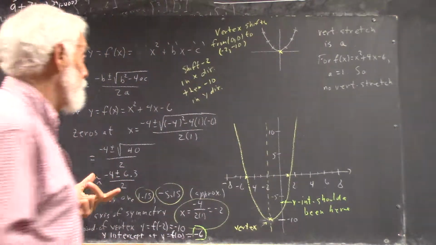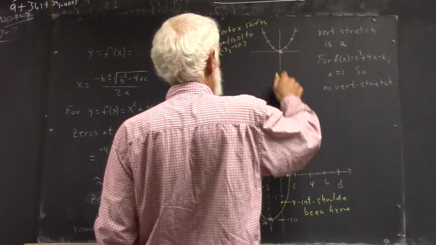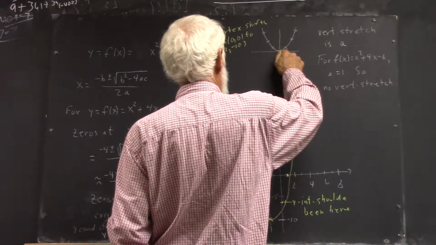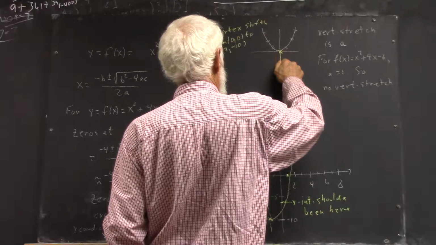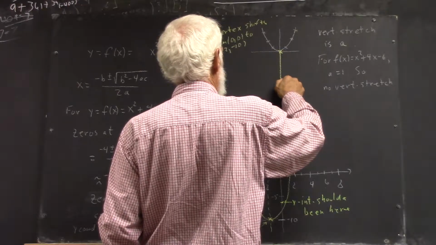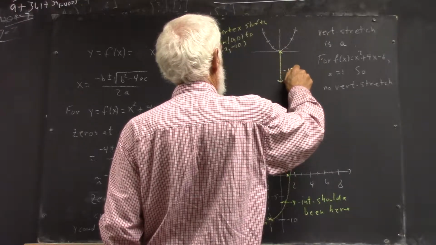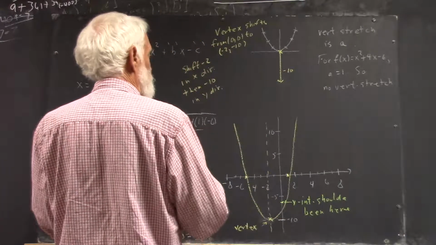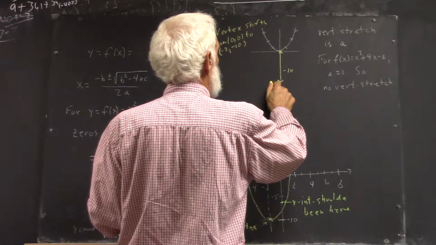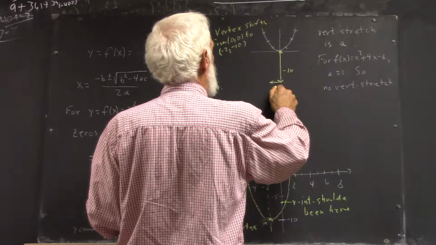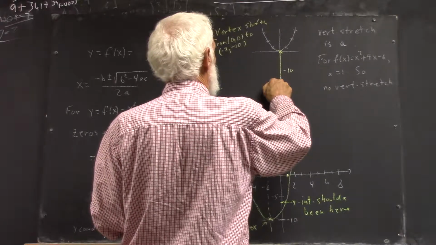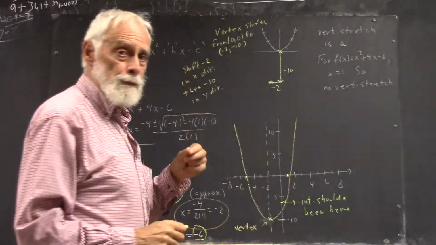How do you do that? Well, you figure out where -10 is. Shift -10. You figure out where -2 is. And you shift -2, and there's your vertex.